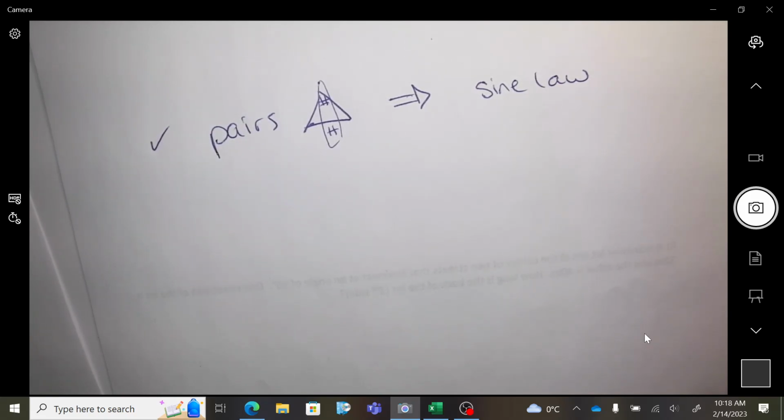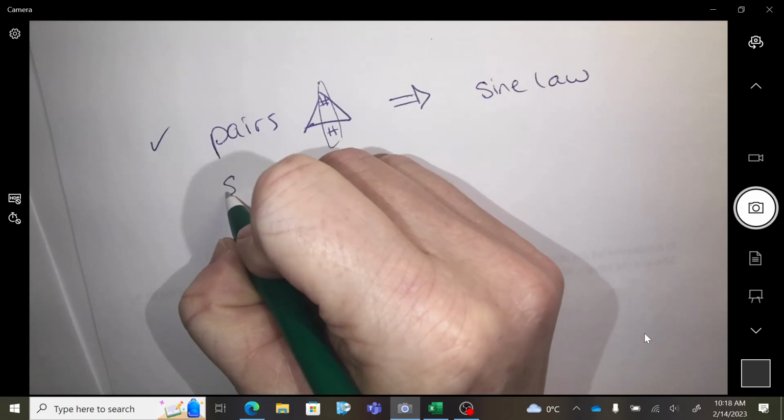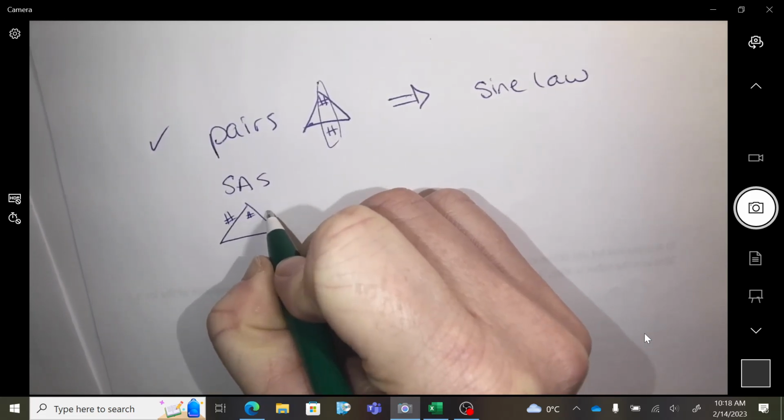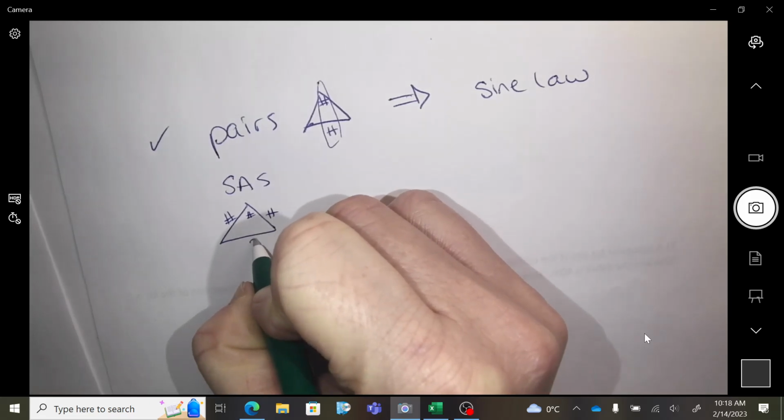What's the second thing you could tell a grade 10 student? If you had something, you should use this. SAS. You only get to pick 3? You have 3 things. Only 3 things.